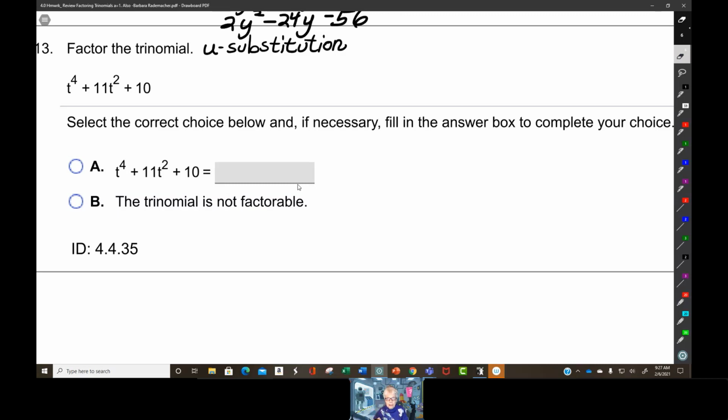Well, so what? What is u-Substitution? We can do u-Substitution when the degree of the first term is 2 times the degree of the second term. 4 is 2 times 2.